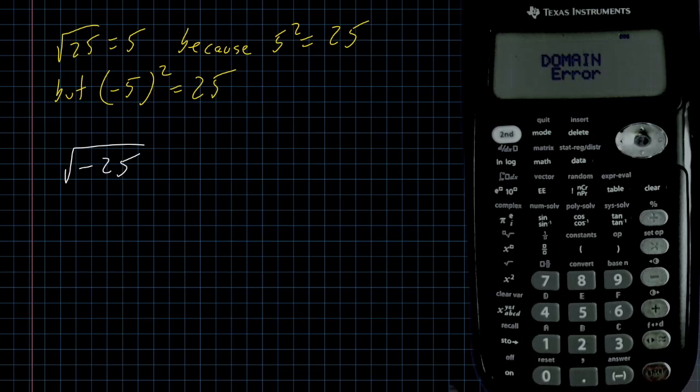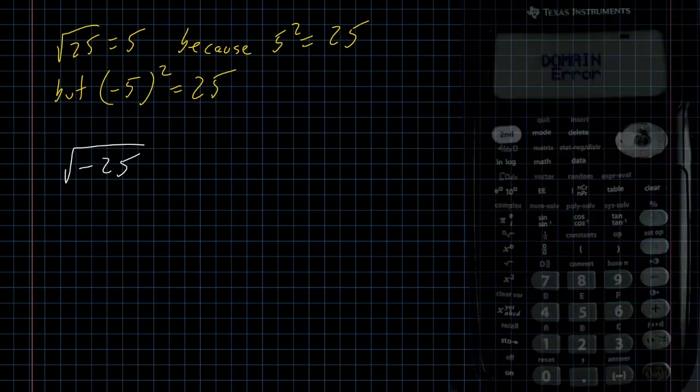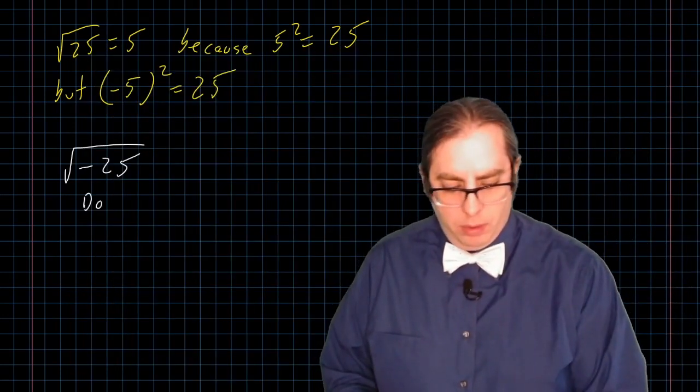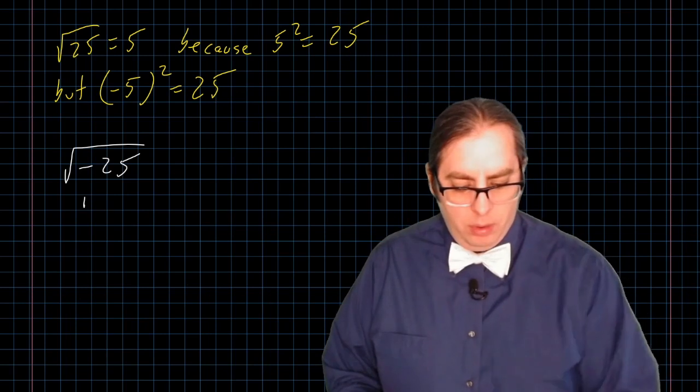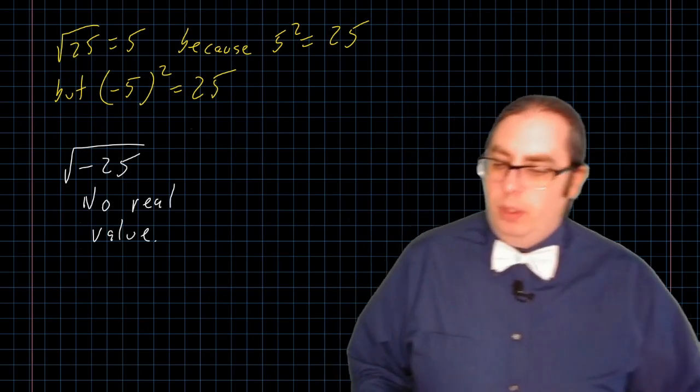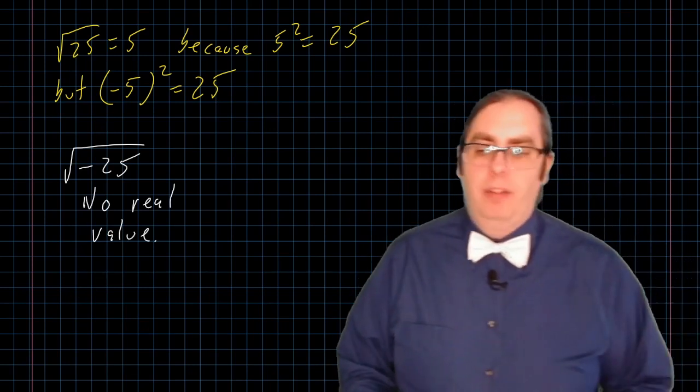The reason it says this is that there is no such thing as the square root of negative 25. Or, I guess there is, but we're not going to get there in this course. The square root of negative 25 is not a real value.